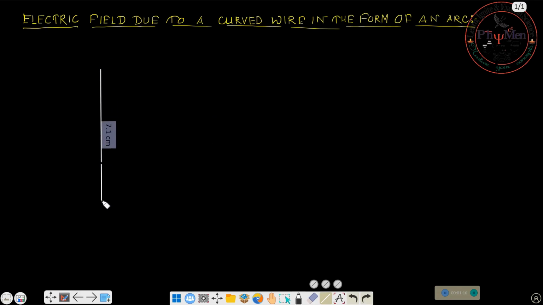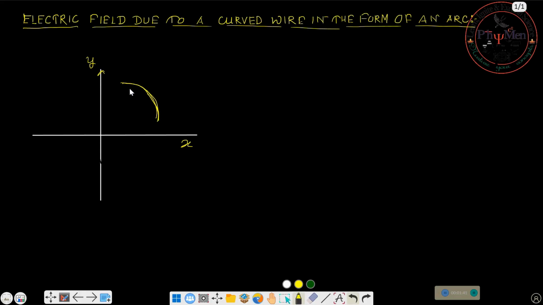So this is our y-axis, and this will be our x-axis. And we have an arc like this. This arc is nothing but the wire with the charge density lambda.